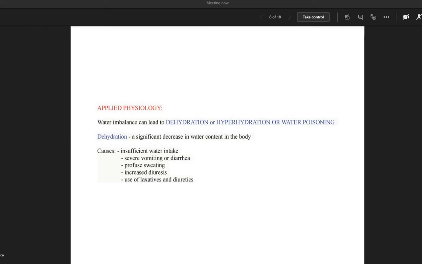I told you that we can have a dehydration, meaning that we lost fluids, we lost water, or on the opposite side, we can have hyperhydration, or in the worst case scenario, water poisoning. Okay, so excess of water is hyperhydration.